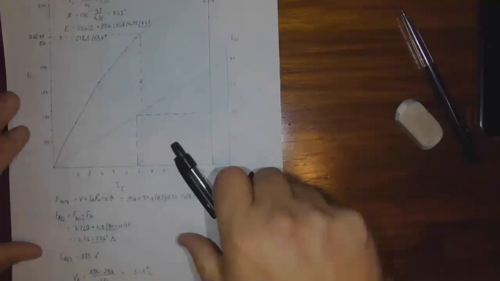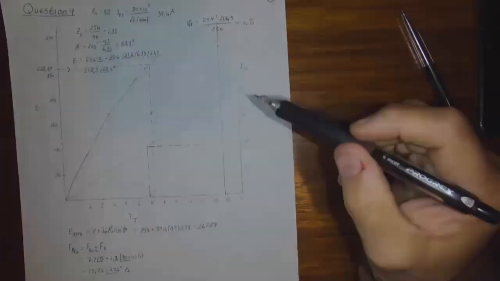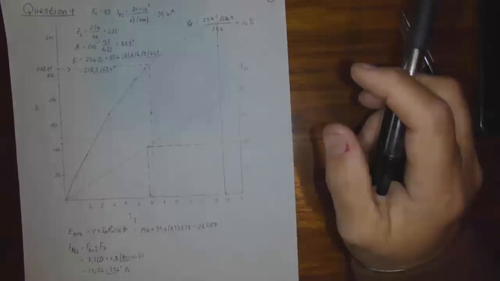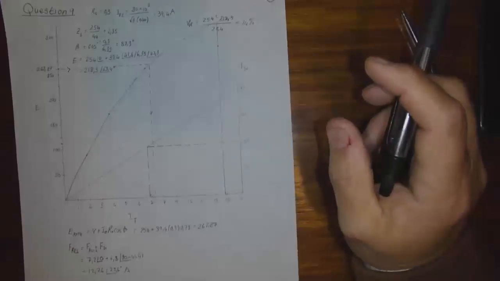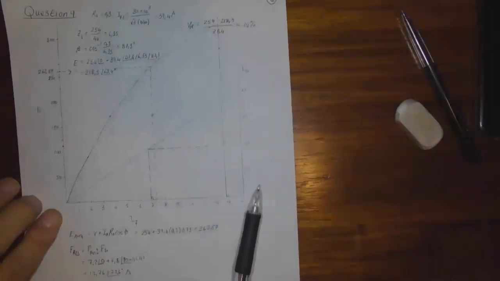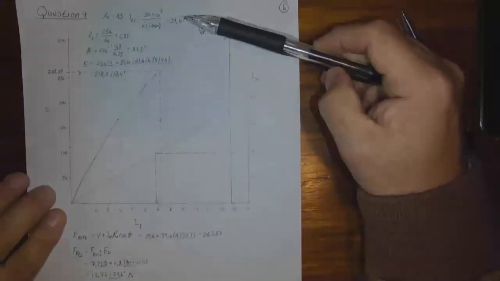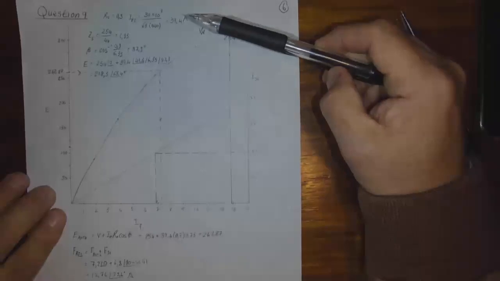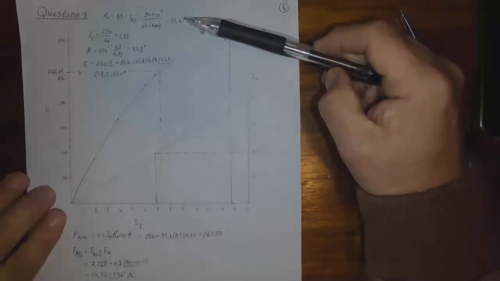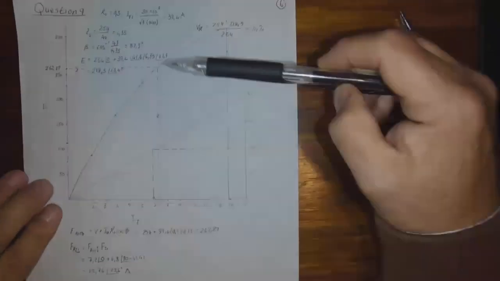Right. Now look at question 9. It's got a field current from 0 to 14 amps, and the voltage goes from 0 to 300. So it doesn't really matter what your scale looks like.